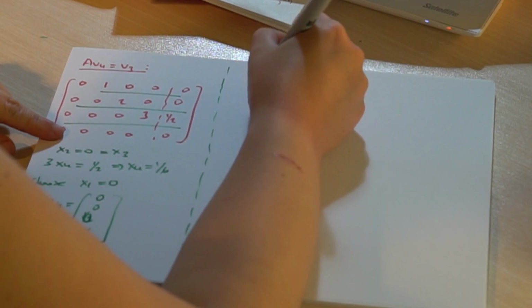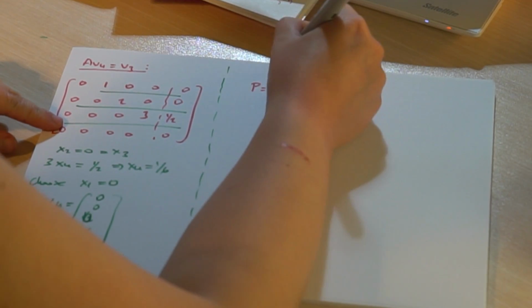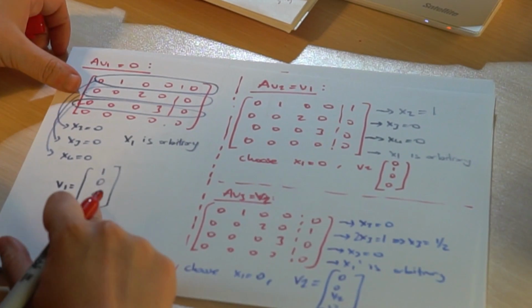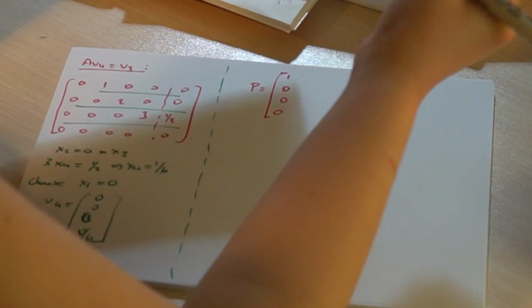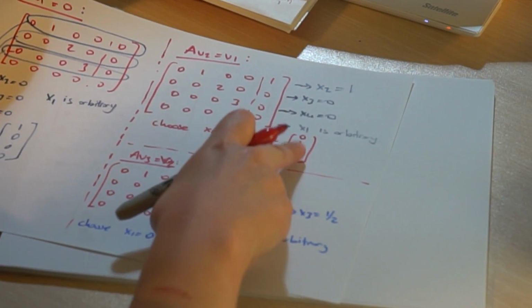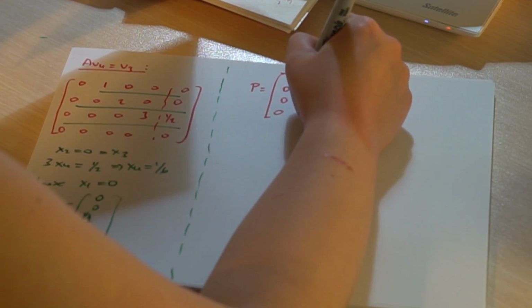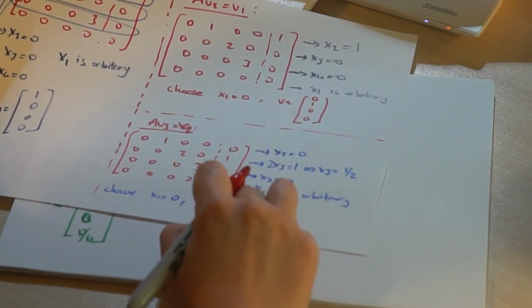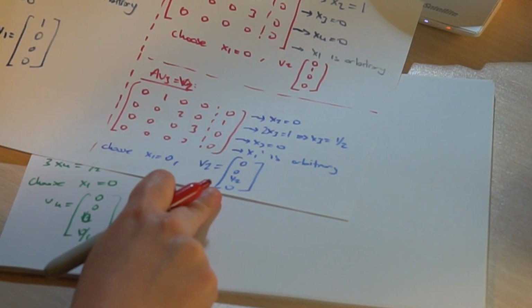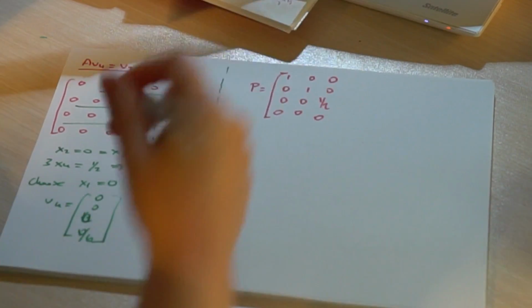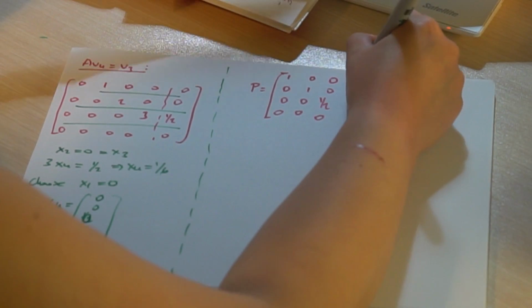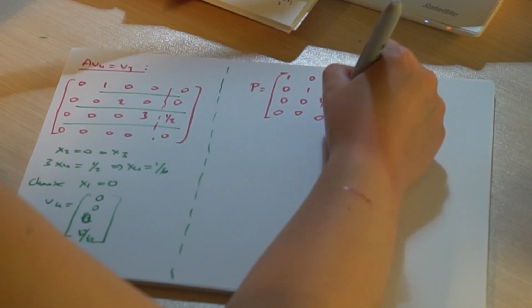Now we can write the matrix P, which is: v1 was 1, 0, 0, 0; v2 was 0, 1, 0, 0; v3 was 0, 0, 1 over 2, 0; and v4 was this vector 0, 0, 0, 1 over 6.